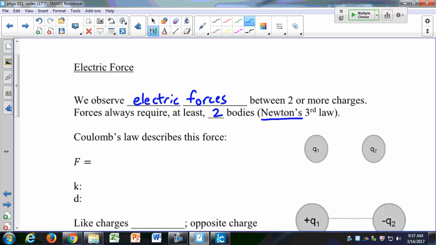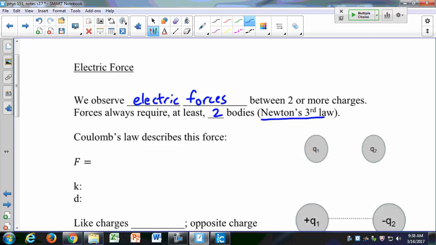We talked about this with regards to Newton's third law, that if I have a force acting on something, then I must have an equal and opposite force. It might have made sense when you're talking about touching things, because when you touch something, you have two bodies involved, like the hand and the wall, and the hand exerts a force on the wall, and the wall exerts a force on the hand.